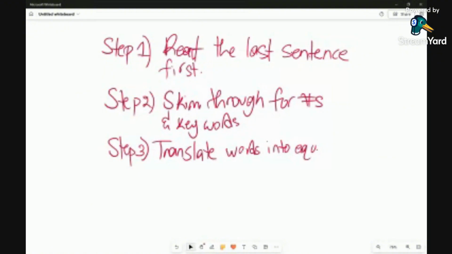And that's why it's important for you to do step two, where you are skimming through to see what are my keywords here, or numbers, and what am I looking for in this question. So translating, this is where you're going to identify if it's telling you twice the number, add this number, those types of things. We're looking for these types of things so that we can translate the passage into equations.